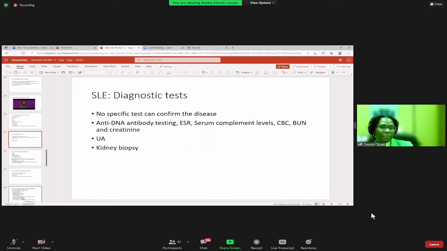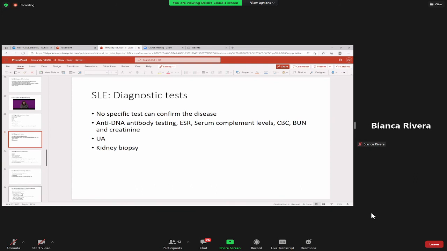And they'll do kidney biopsies to assess the kidney lesions, but there's no real test. And if you have kidney involvement, we already know the labs that we're looking at. BUN and creatinine. Exactly.